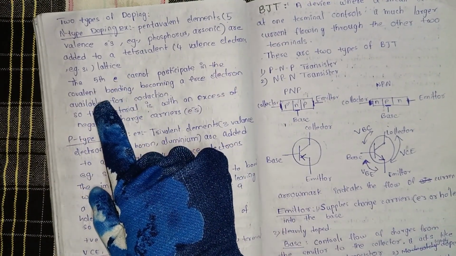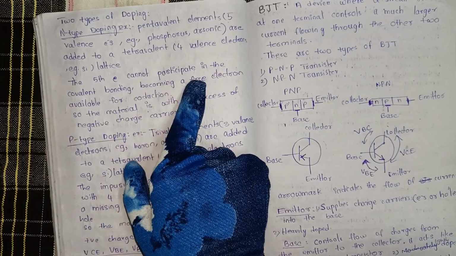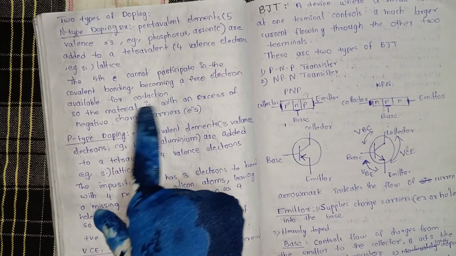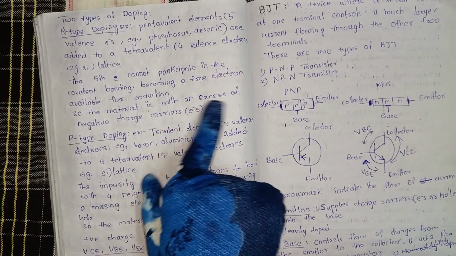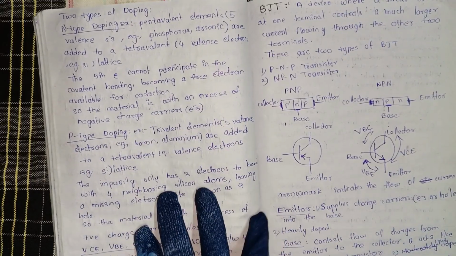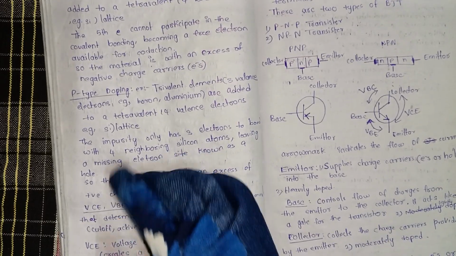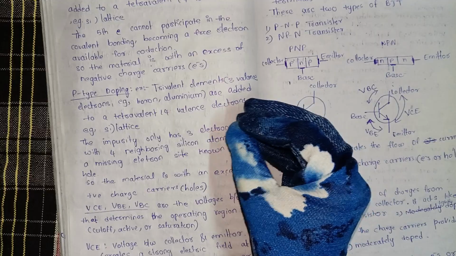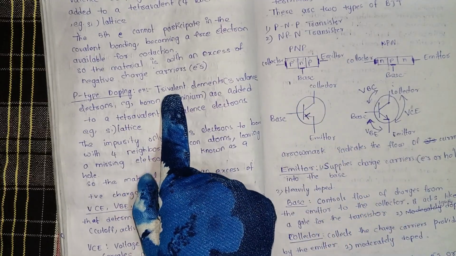The fifth electron can't participate in the covalent bonding, becoming a free electron available for conduction. So the material has an excess of negative charge carriers, electrons.